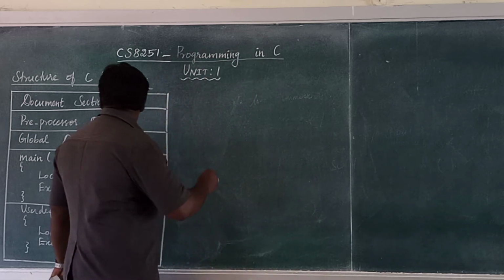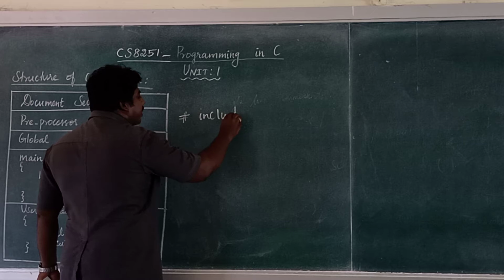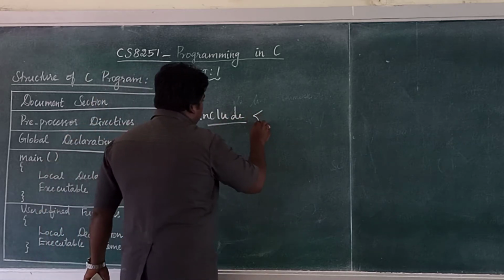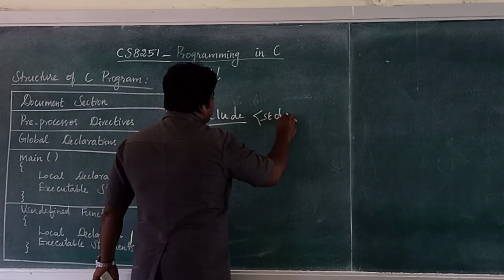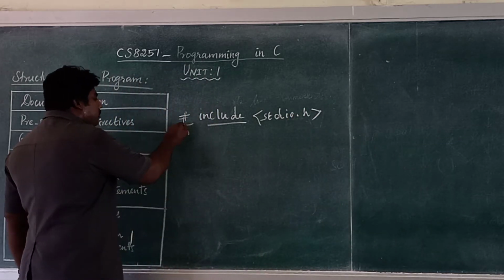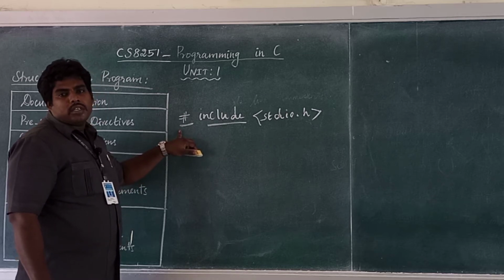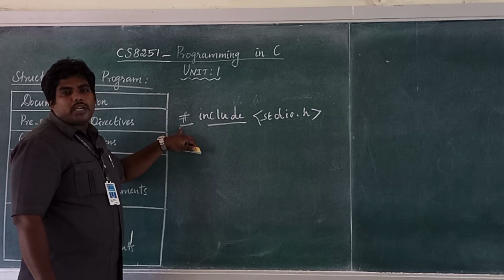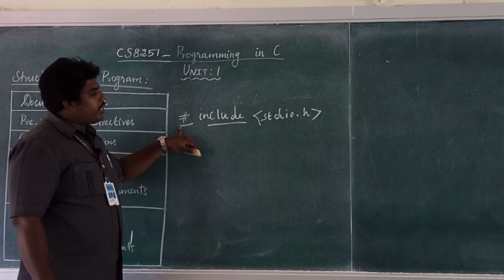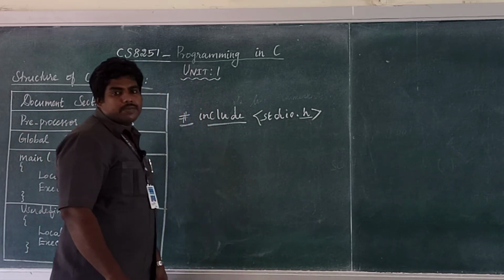For example, there is one preprocessor directive called include stdio.h. All the preprocessor directives should be written with the hash symbol. The hash symbol denotes the preprocessor directive, and .h denotes the header file.